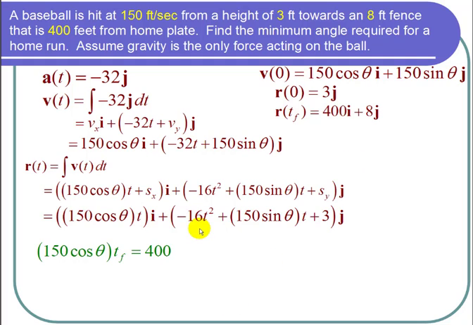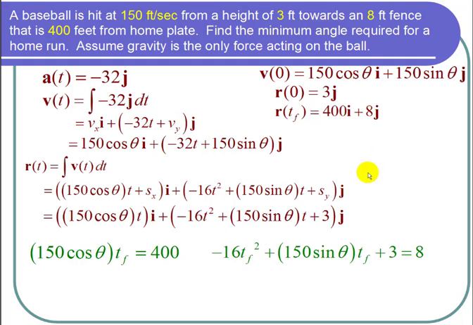If I plug in t final for the j component, I get negative 16 t final squared plus 150 sine of theta times t final plus 3 is equal to 8. So I now have two equations and two unknowns in theta and t sub final, and I want to solve.